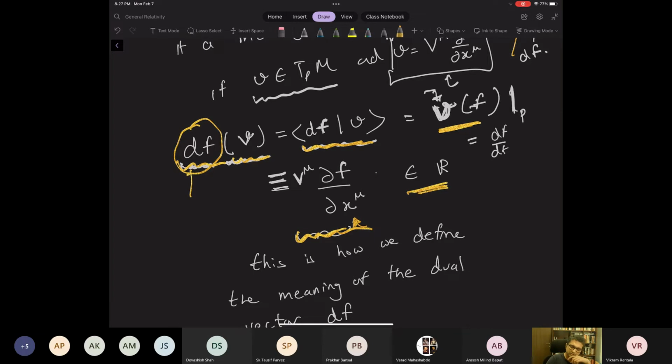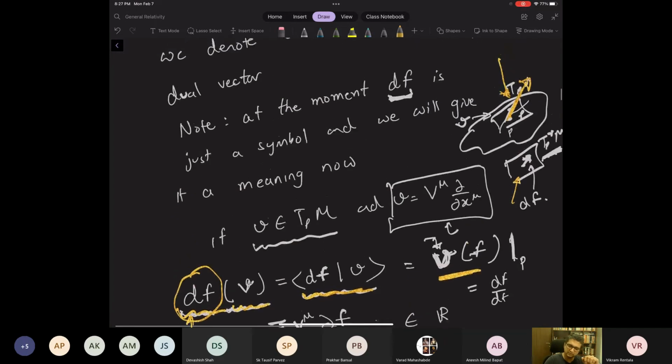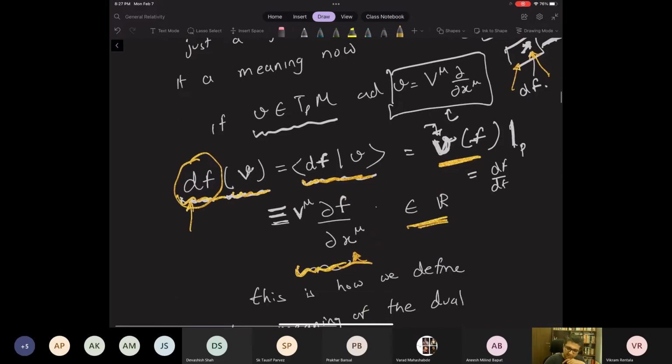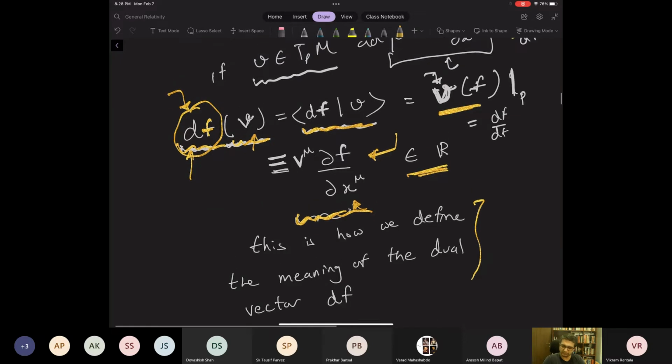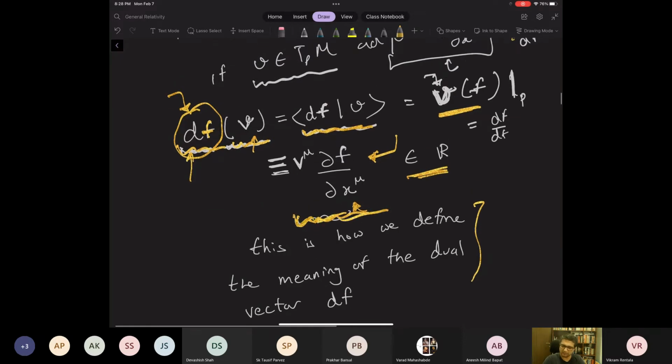The df notation is defining the dual vector as you are picking the dual vector from the dual vector space such that when I take its dot product with v, it returns for me this particular number. This is why we are denoting the dual vector as depending on f. It depends on what f we're using. So this is picking out a particular dual vector for you which depends on f, and this is the result of the inner product with v.